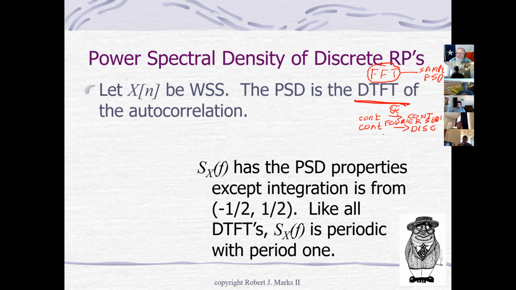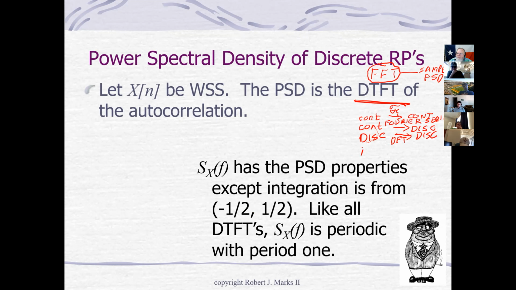If you have a discrete to a discrete, that is the DFT, the discrete Fourier transform, or the FFT.